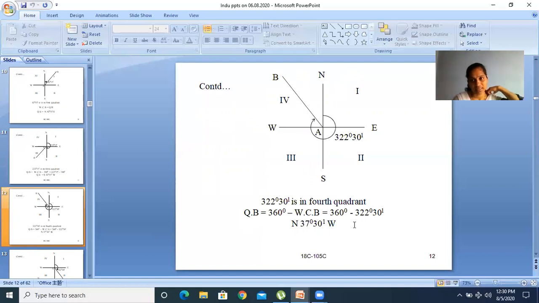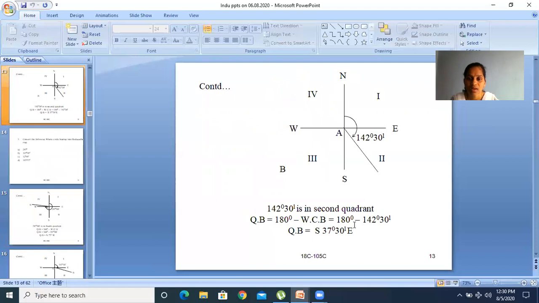So 360 minus 322 degrees 30 minutes, and the quadrants are north, west: north 37 degrees 30 minutes west. 142 degrees 30 minutes lies in the second quadrant.